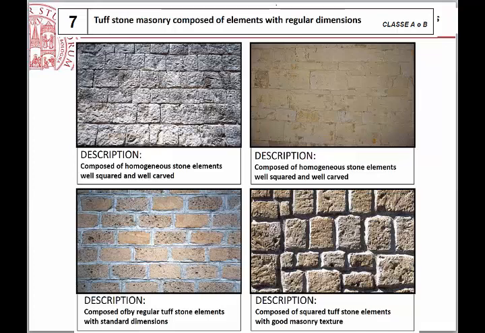Then finally, we can go to very well organized masonries. You see from here, sometimes also without any mortar. But the good quality is because the stones are very well cut, the same height, for example, you see, very well organized also in terms of vertical joints.